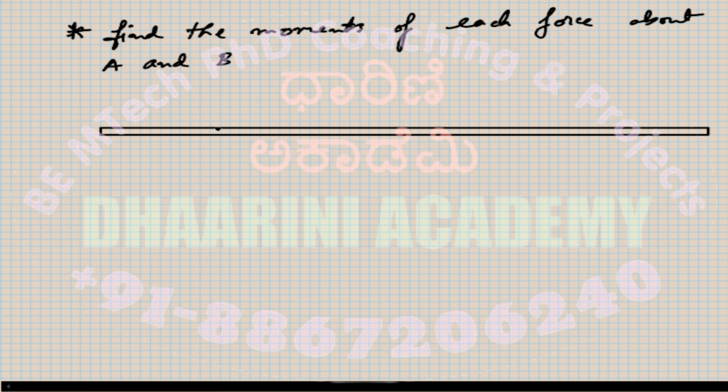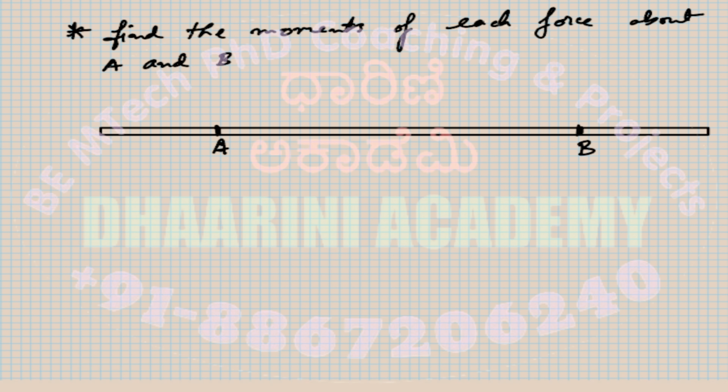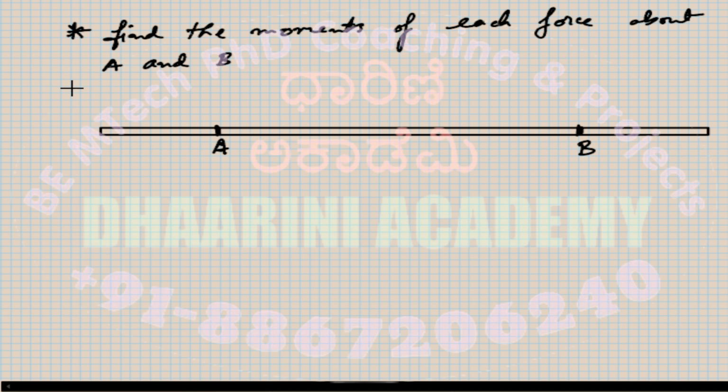This is the point which we call the point A, and this is the point which we call the point B in essence. This is 17 Newton, making an angle of 135 degrees.